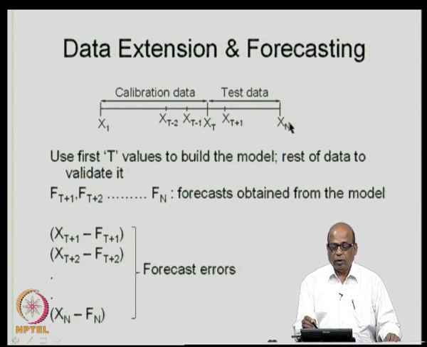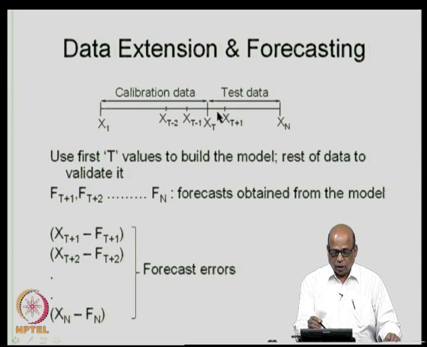Because you already have this data, you can then calculate the errors that you get by using the model. What I mean by that is that let us say you have used up to time period t, you have used the data for calibrating the model.